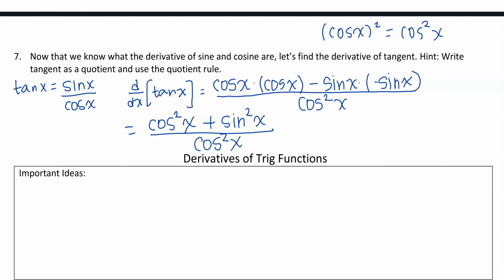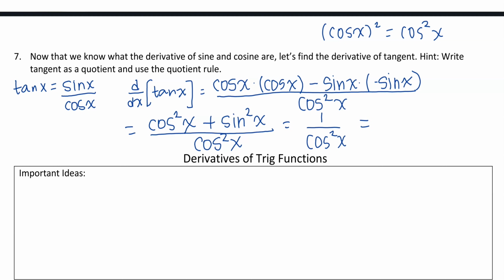Good. All right. Can I simplify this some? Okay, so cosine squared plus sine squared of x is what? 1. Perfecto. Remember the Pythagorean identity? So cosine squared of x plus sine squared of x is 1.